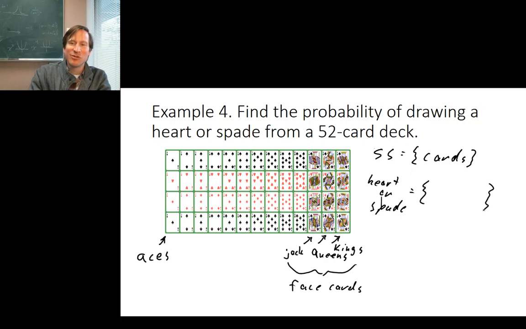And rather than listing all of the hearts and the spades, just because there are a lot of them, let's point out on this grid of all of the cards where they all are. So the hearts are right here, and all of the spades, those are the spades. Okay, so now we can calculate the probability of a heart or a spade.